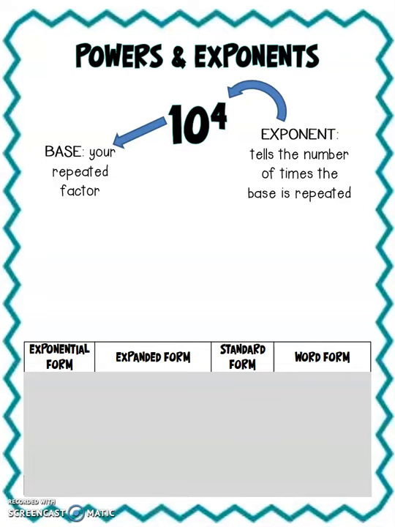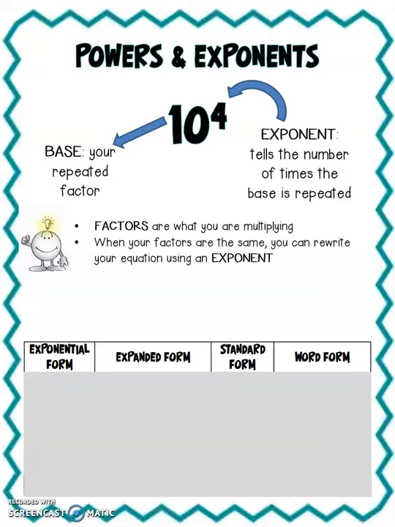So before we look at some examples, let's refresh our memory on some of those vocabulary pieces. First, factors are the numbers you use when you are multiplying. So that's important for us to remember when we're using the base as a repeated factor. That just means it's the number we're multiplying. When your factors are the same, you can rewrite your equation using an exponent.